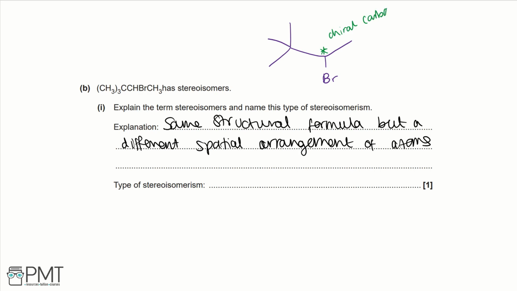So this type of stereoisomerism is called optical isomerism when you have a chiral carbon. So that's what we can put here. We can put optical for the type of stereoisomerism. And to get the mark for this question, you must have the correct explanation, which I've written here, and you must have said optical. You need both bits to get the mark.